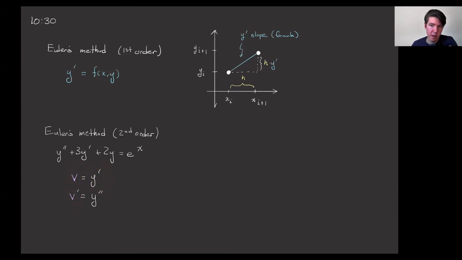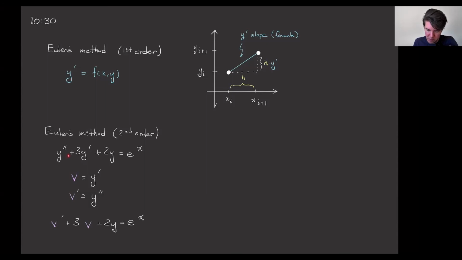Now, the reason we do this is so that we can write this second order differential equation in the following way. We can say v prime plus 3v, so I'm writing the v's first, plus 2y is equal to e to the x.